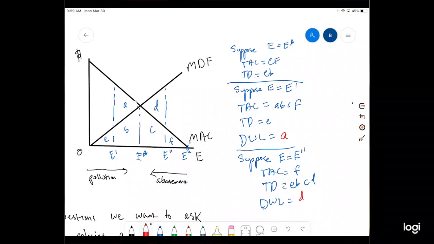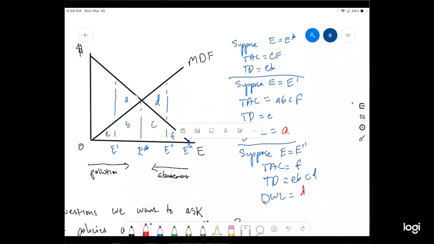Probably it's better to err on the side of reducing our emissions too much, because the marginal damage functions are probably more exponential. They're going to be increasing faster than the marginal abatement cost curves. Marginal damage functions go from left to right. Marginal abatement costs go from right to left.